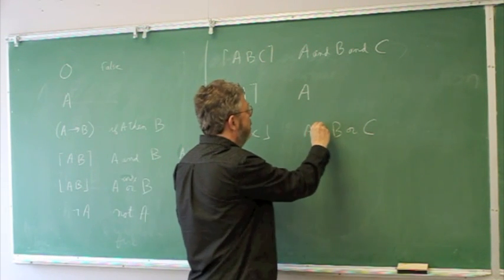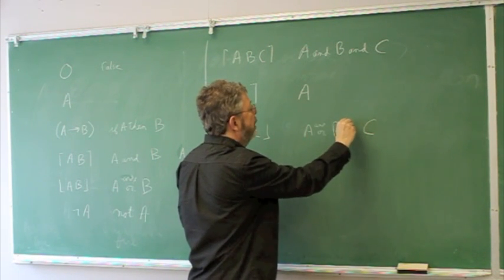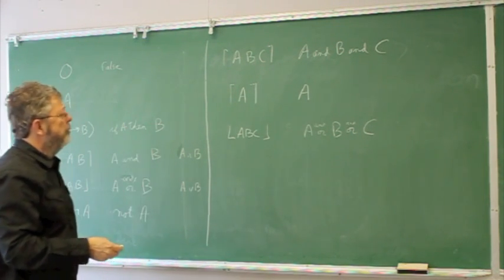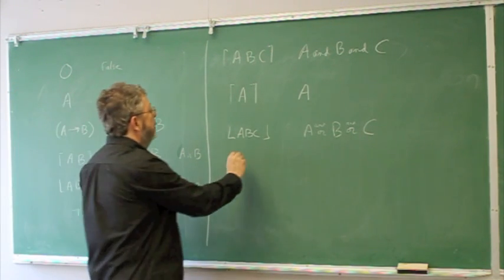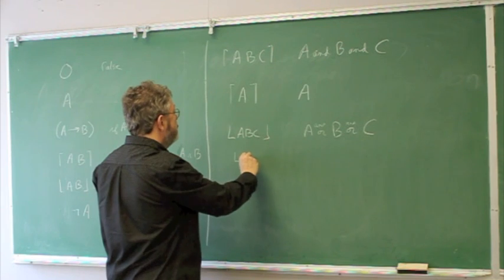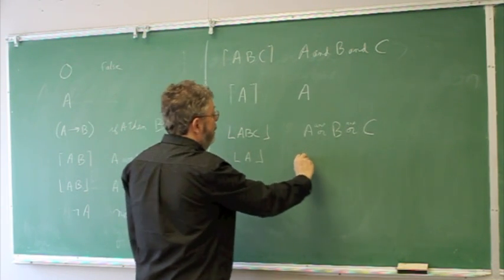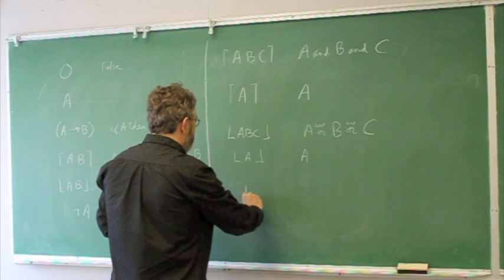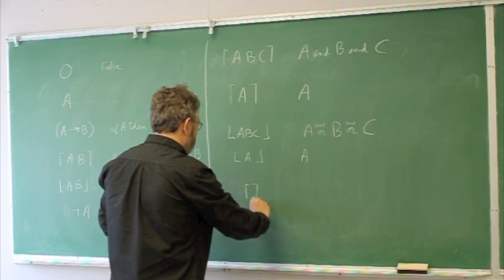So it's A and or B and or C, but I won't always write and or. From now on, or means inclusive or. So it means A or B or C, and this also means A. And the two questions are, what is this and what is this?